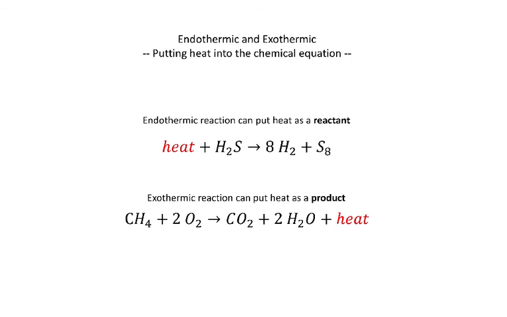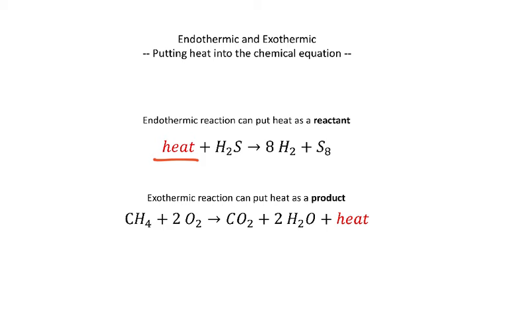One way that we can account for heat or energy in the actual chemical reaction is to put it as part of the reaction. If we know that endothermic reactions require heat to go, then heat is almost like a reactant. So you can put heat in as a reactant: heat plus H2S on the left side.